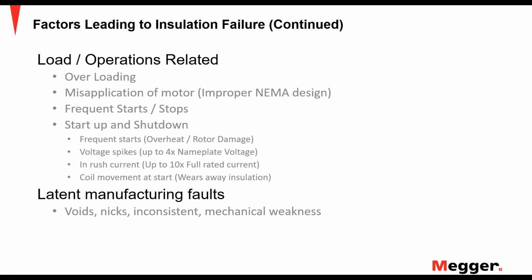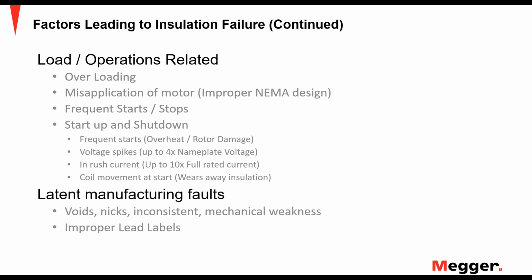A lot of this can be checked out when you first receive that motor, either from your motor shop or from the manufacturer, by doing a static test on that motor and making sure that nothing was damaged in the process of transportation. You may have the best shop in the world, but in transportation, damage was done, and you received a less than ideal motor.